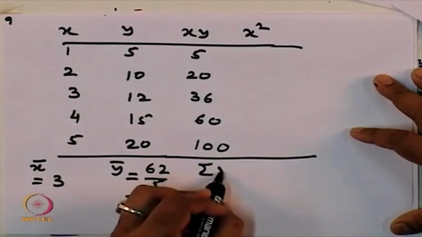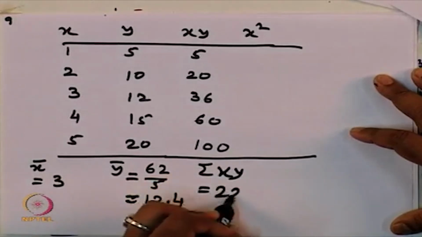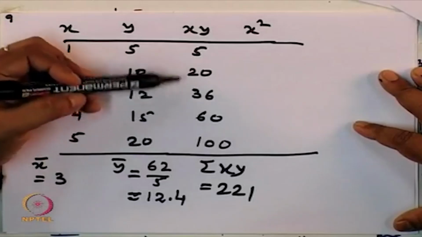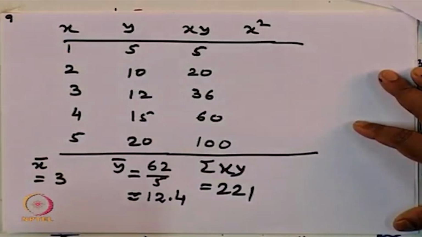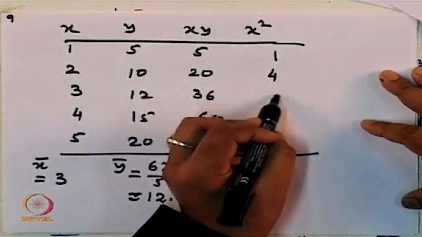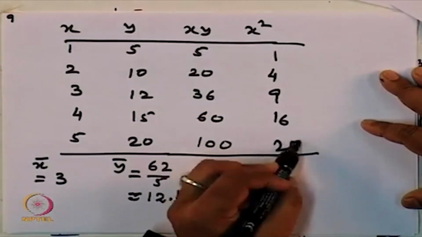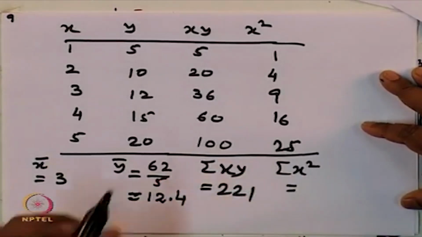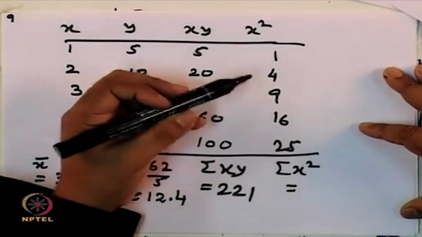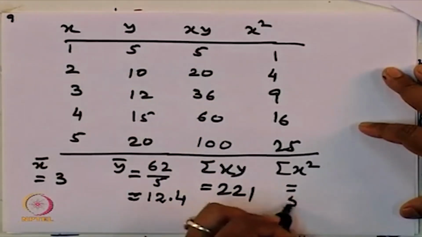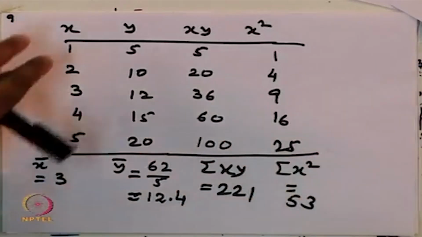So, summation x y becomes 221. Let me just cross check again. Yeah. x square is 1, 4, 9, 16, 25, so summation x square is equal to 53. So, this is summation x y.